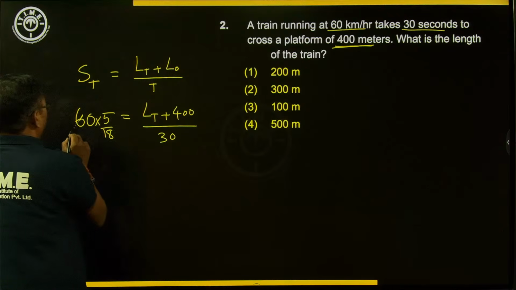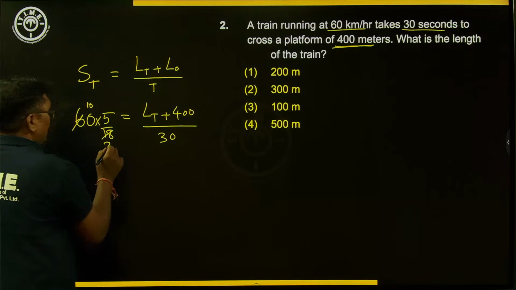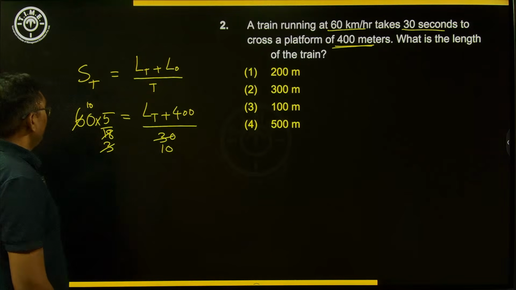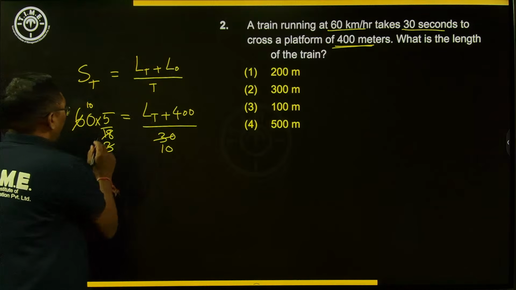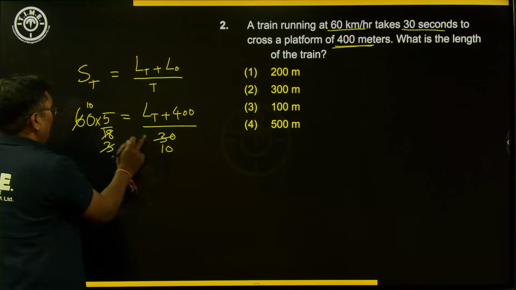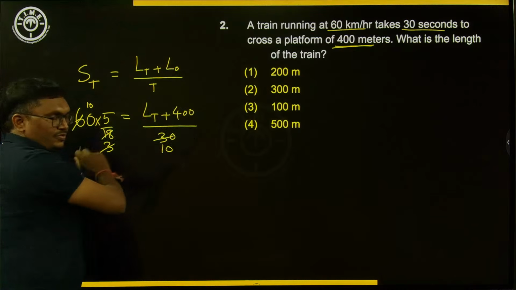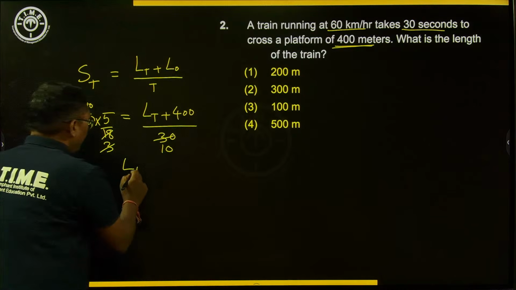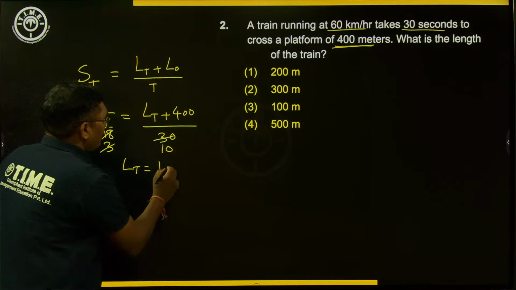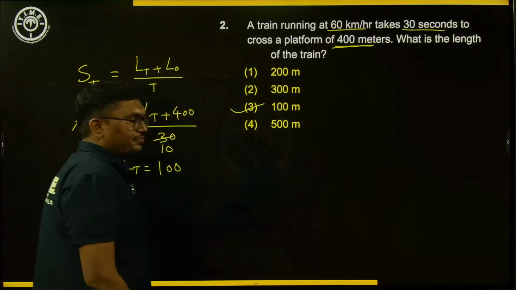So 6 10 times and 6 3 times, 3 10 times. So for length of the train, this is 5 into 10, 50 into 10, that is 500. So 500 is equal to length of train plus 400. So length of the train is 500 minus 400, that is 100. So the correct answer is choice 3.